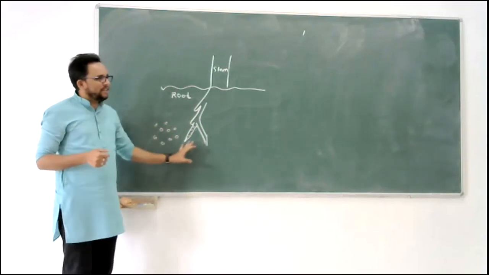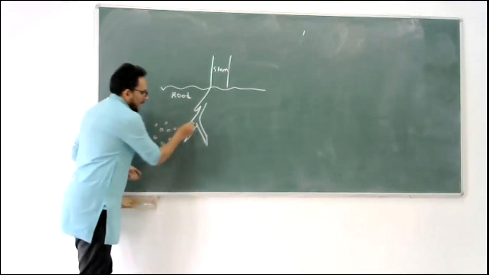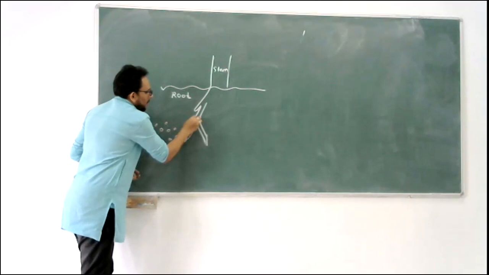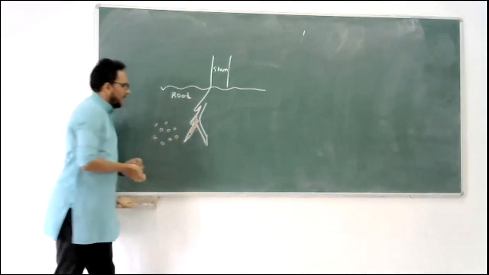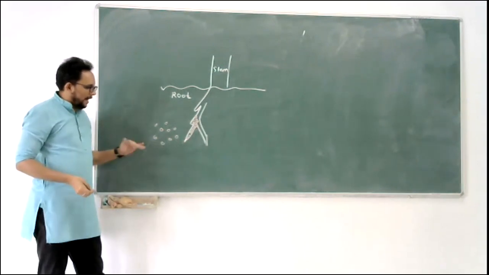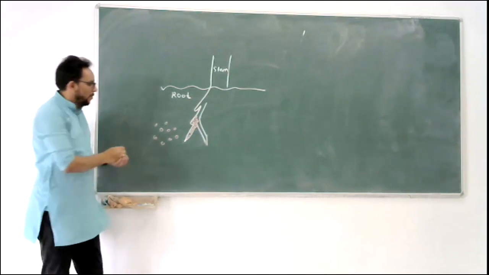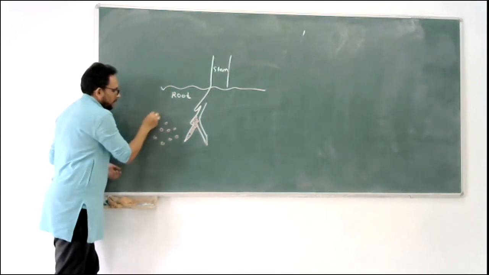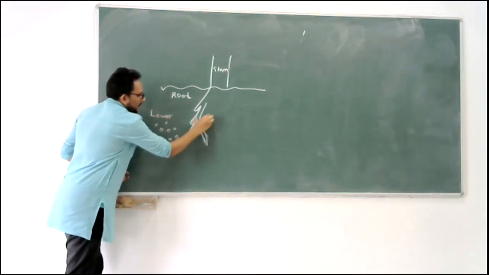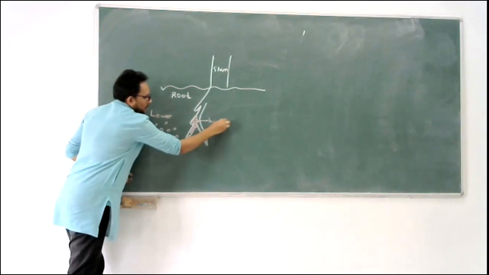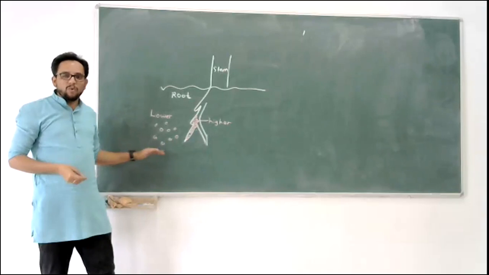Now imagine that over time this process has happened and the root hair cells have accumulated quite a lot of minerals, and they have a higher concentration than the soil. The soil will have a lower concentration of the minerals, and the root hair cell will have a higher concentration, and that is when it will become active transport over time.